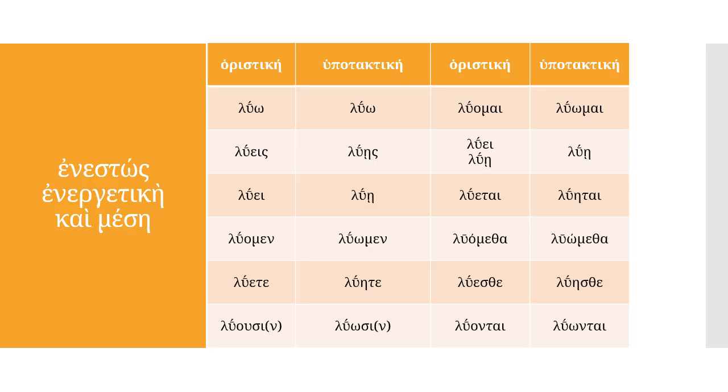Other forms generally are indicated by the lengthening of the thematic vowel. Luis becomes lues. Lui or lue becomes lue. Luomen becomes luomen. Luete, luete. Luusin, luosin. In the middle, similar things go on. Luomai becomes luomai.